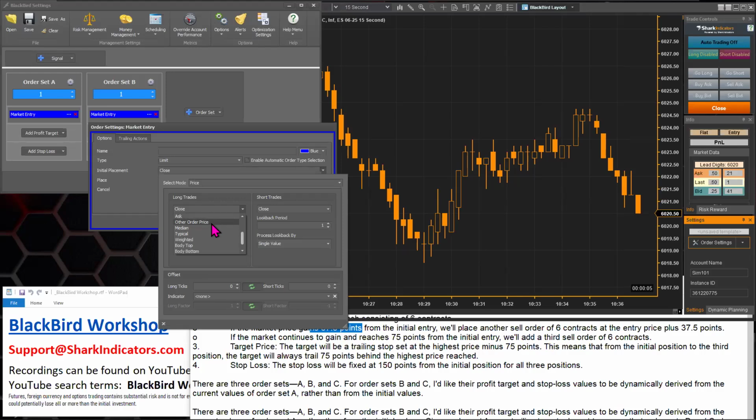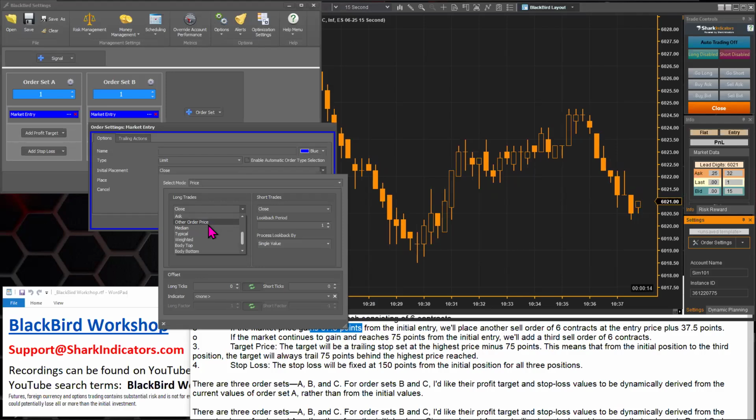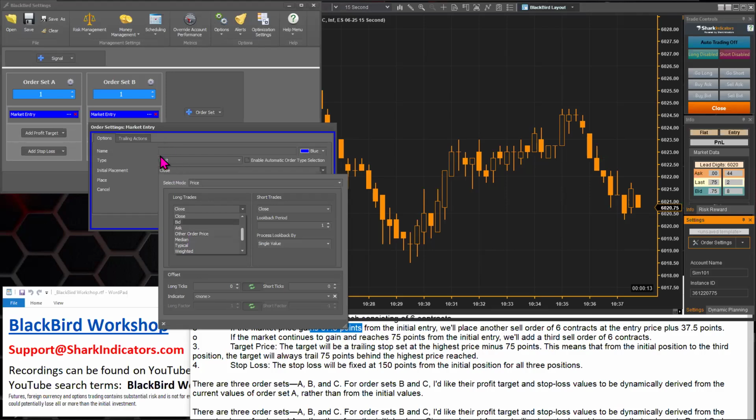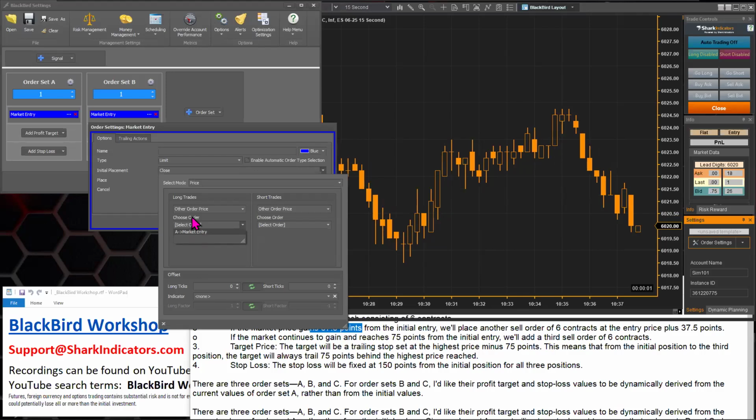So yeah, this isn't guaranteed here, but I don't have the average entry price available for entry orders here, but actually other order price does not work because that market entry won't actually have a price.